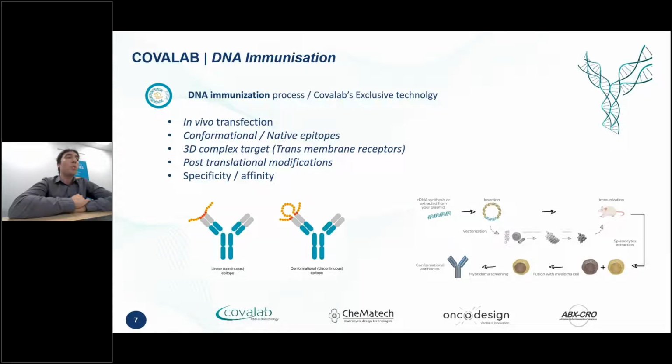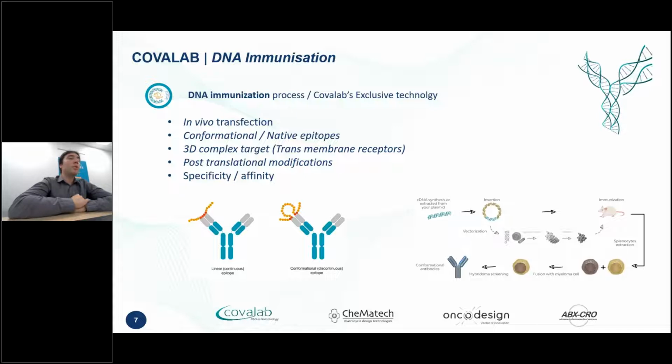One of the main advantages of this method is that the antigen will be displayed in a conformational form, not as a linear one, but as conformational epitopes that could be required for specific applications and to develop very good antibodies.